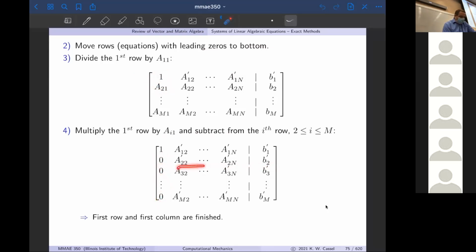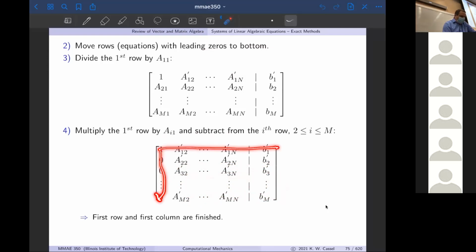And that's going to change every single one of these values in the rest of the matrix. But you can see now the first column is done and the first row is done. So I can just leave those, I'll use them, but I'm not going to change them ever again.